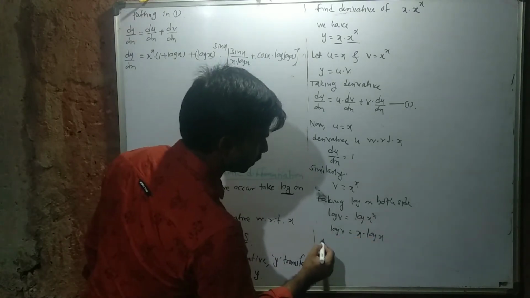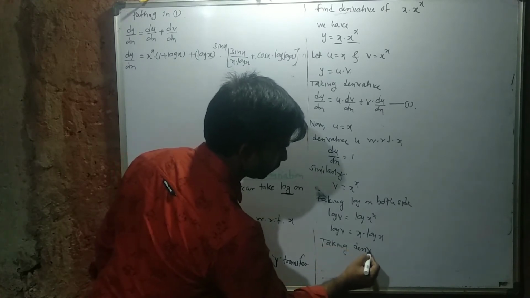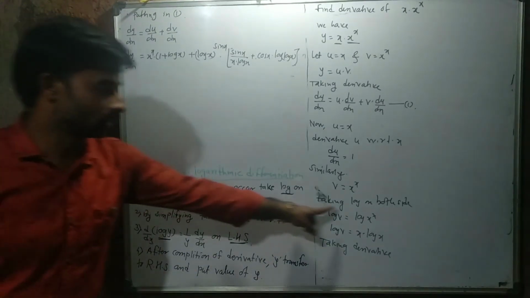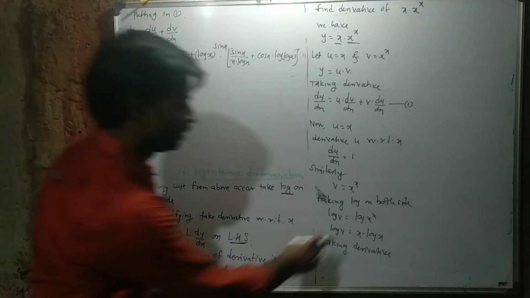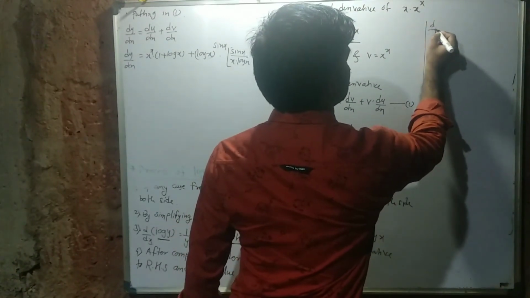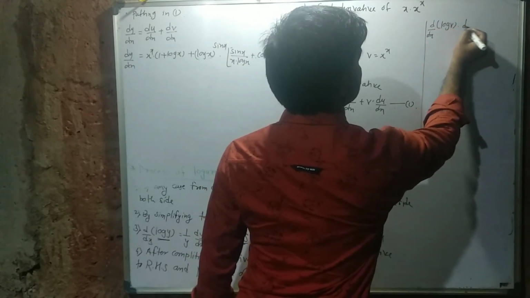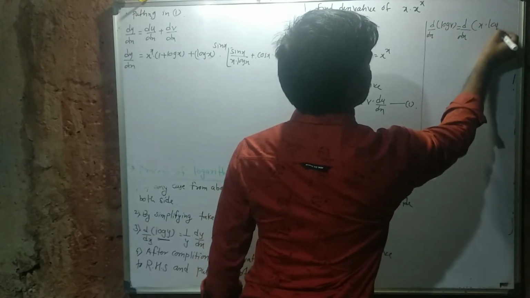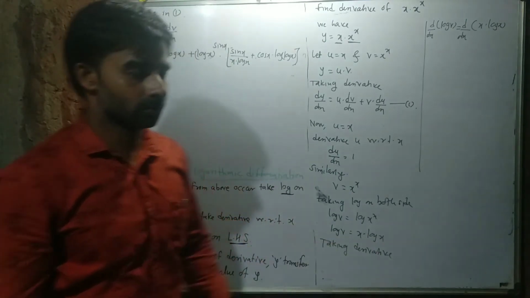And then taking the derivative, following the procedure, that means we first take the log on both sides, then take the derivative with respect to x. That means d/dx of log v is equal to d/dx of x into log x. That means derivative of this one and derivative of this one.